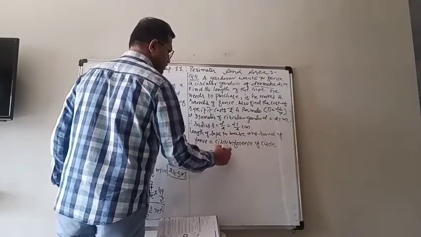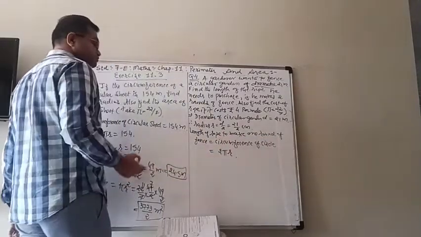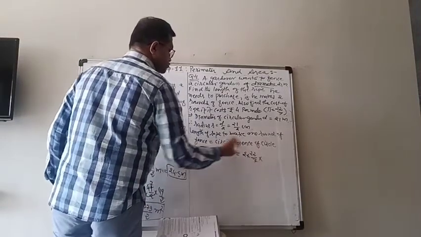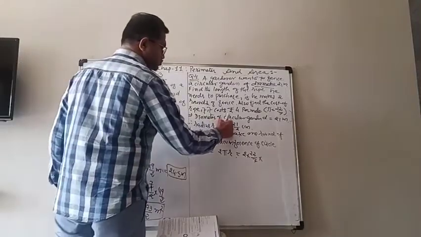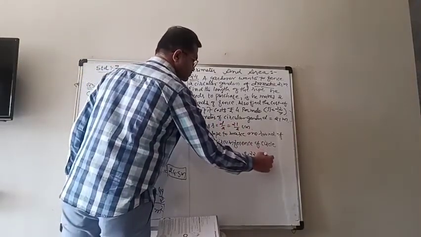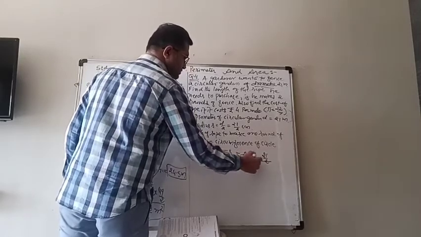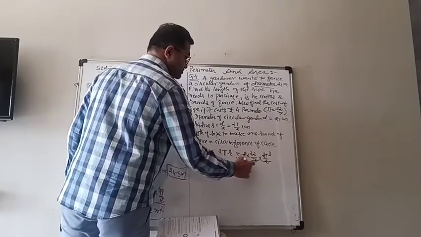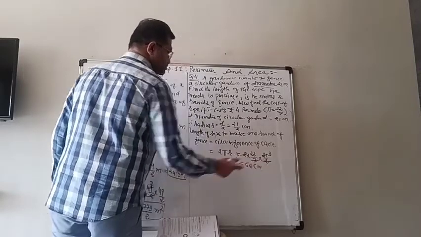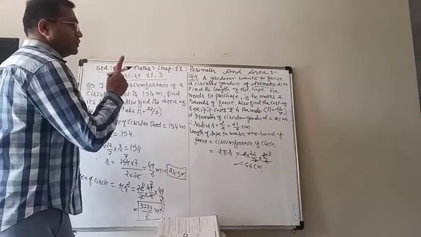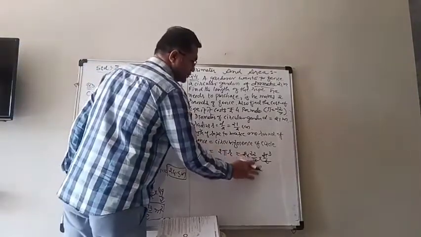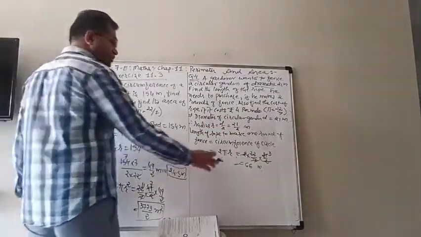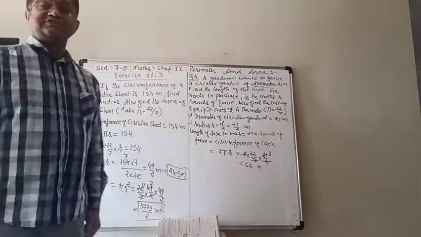That is 2 pi r. That is 2 into 22 upon 7 into radius 21 by 2. 2 cancel, 7 3s are 21. So 22 3s are 66 meter. Sorry, not centimeter, meter, because it is given in meter. So the length of the rope for one round is 66 meter.